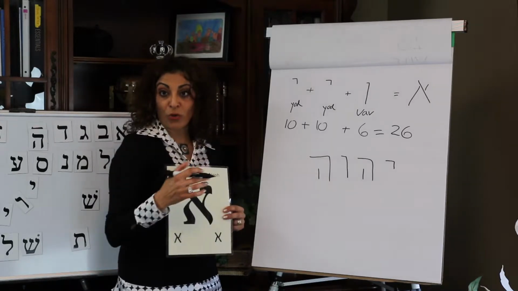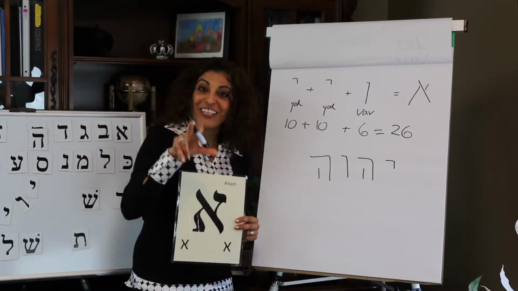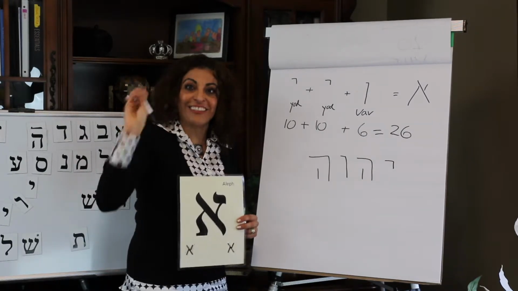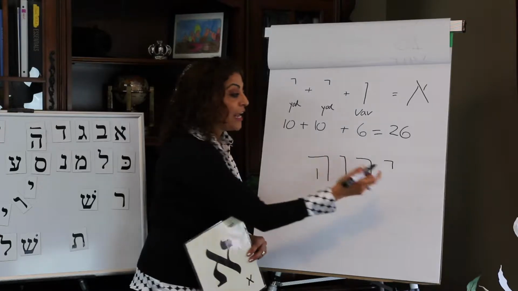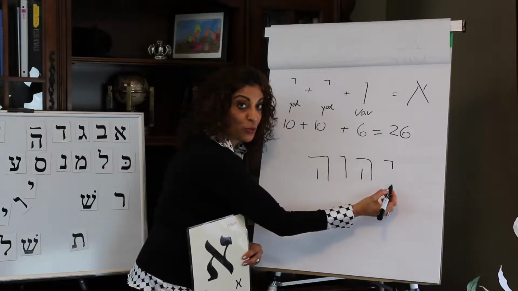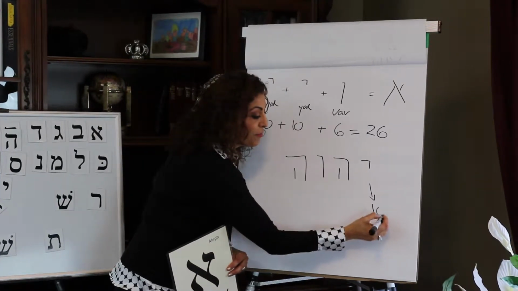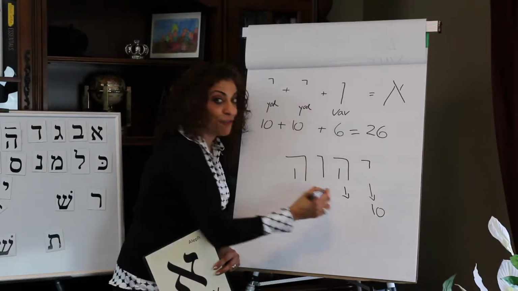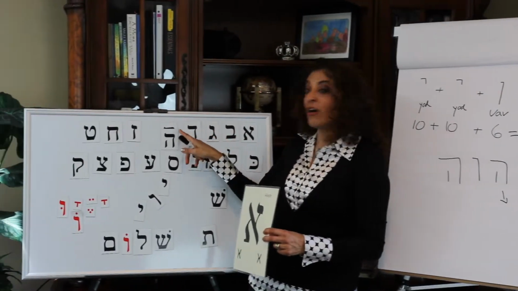You will see it in the Torah if you read and you look at the Hebrew. Now you can look at the Hebrew and start saying, oh, this is God, right? This is God's name. Okay, and let's add the numbers to it. Yud, 10. Hey, if you look at the Hey, what does the Hey? 1, 2, 3, 4, 5.